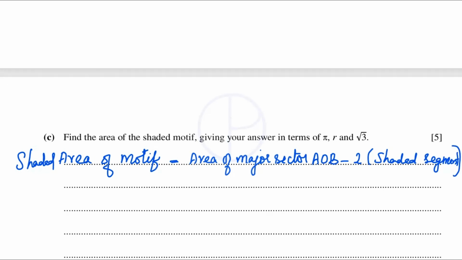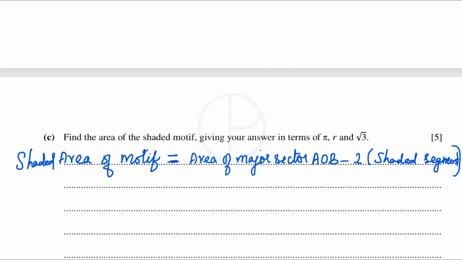So the area of the motif is equal to the area of the major sector AOB minus 2 times the area of the shaded segment, those blue shaded segments. Let's find the area of the shaded segment first.